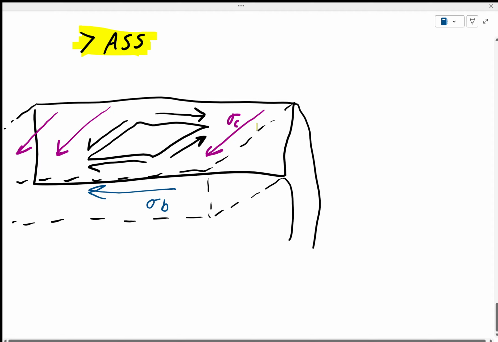You can imagine the hoop stress is squishing an element in one direction, and maybe the bending stress is stretching it in another, and it's ultimately causing an intense shear stress on an element if you orient it a certain way in this plane.